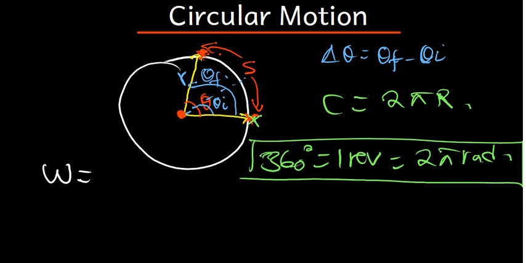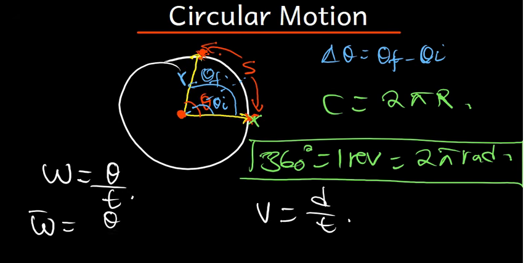We know that the linear velocity is the distance divided by time. Now, in this case, this is the linear displacement. When we go to circular motion, this linear displacement is going to be the angular displacement, theta, divided by the time. Now, this we can call the average angular velocity. So the average angular velocity is given by the angular displacement divided by the time.